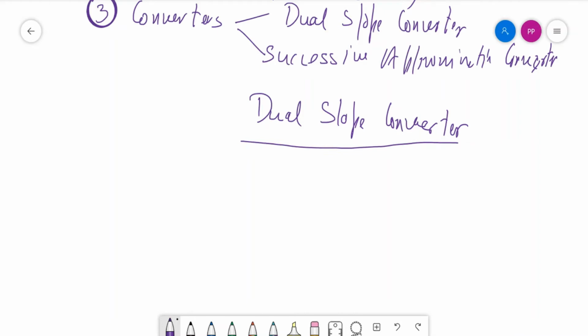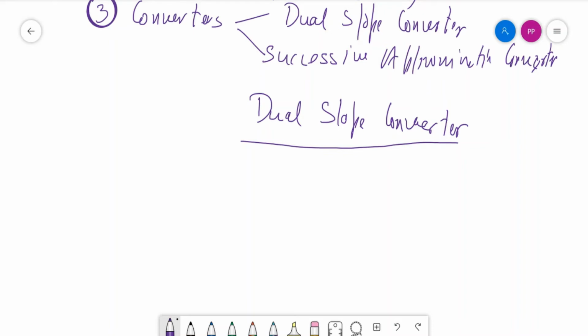the counter is reset from FFFF to 0000, and the discharging starts according to the voltage stored on the capacitor. The more the input voltage, the more the discharge time for the capacitor, and this will determine the final count of the 16-bit binary counter.